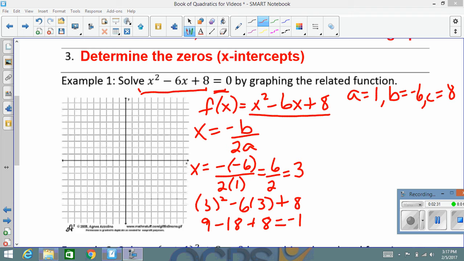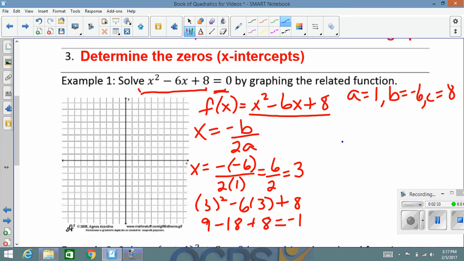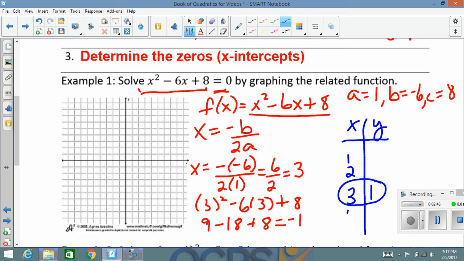Now from there I set up my table of values. And I've already done my arithmetic so that I don't have to take extra time in the video. I'm going to put my vertex in the middle. Remember, I'm then going to count down and count up. And then to get my y values, I'm going to plug in. So when I plug in 1, I get 1 minus 6 plus 8.